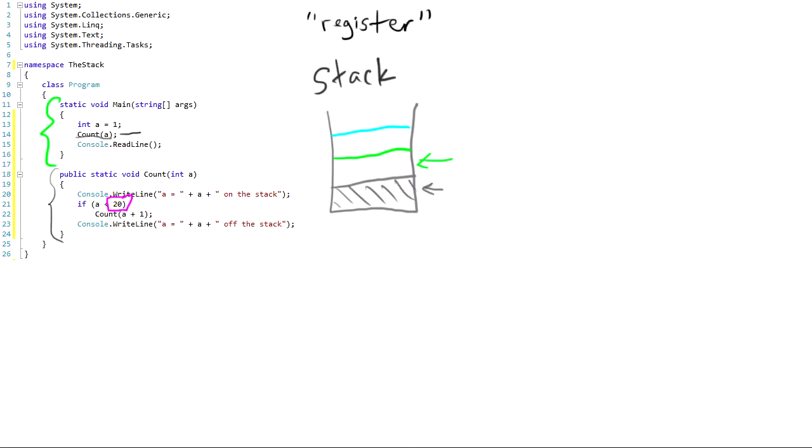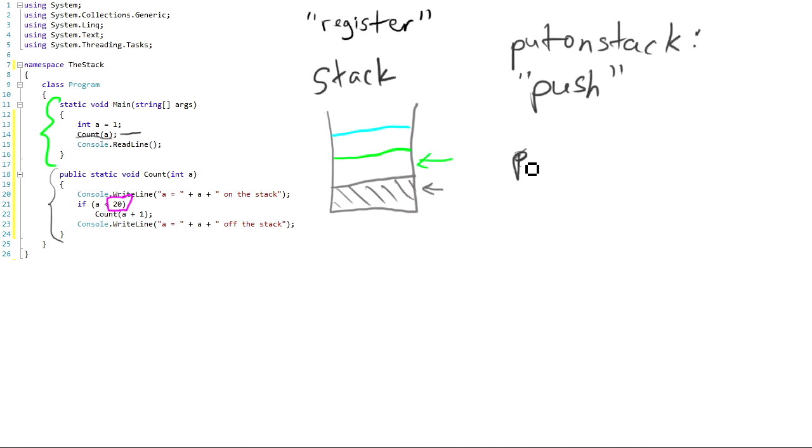Whenever you put stuff onto the stack, there's a special word for this, and it's called pushing. That's literally the name. This is a key word in most assembly languages.